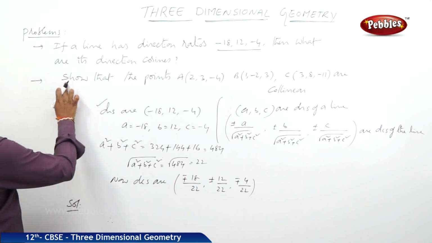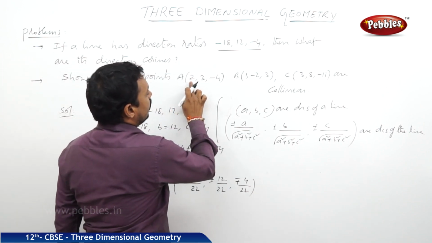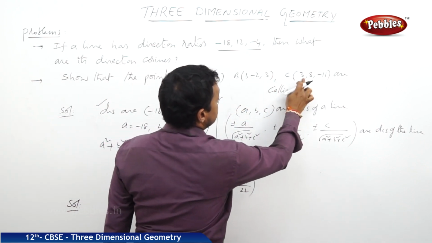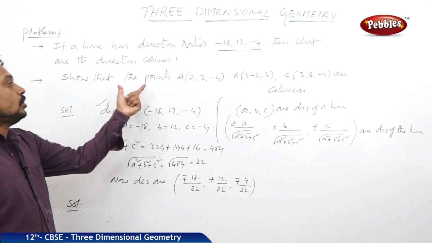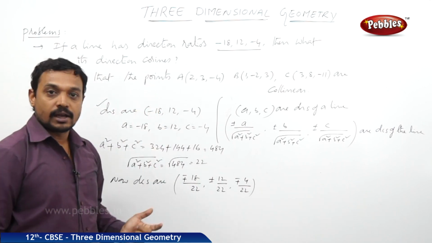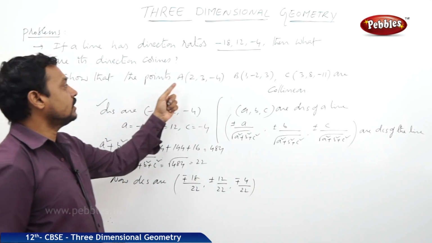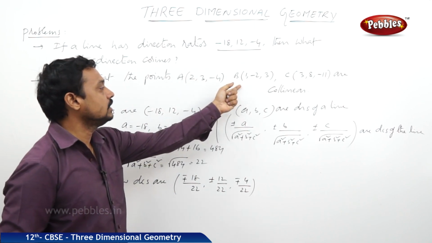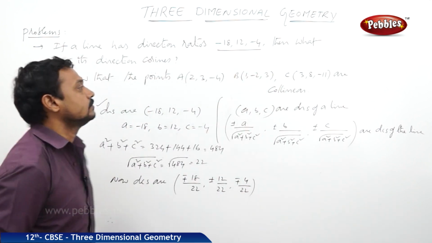What is the second question? Show that the points A whose coordinates are 2, 3, minus 4, B 1, minus 2, 3, C 3, 8, minus 11 are collinear. To prove the 3 points are collinear, collinear means lie on the same line, it is enough to prove that the direction ratios of AB are equal to the direction ratios of BC.